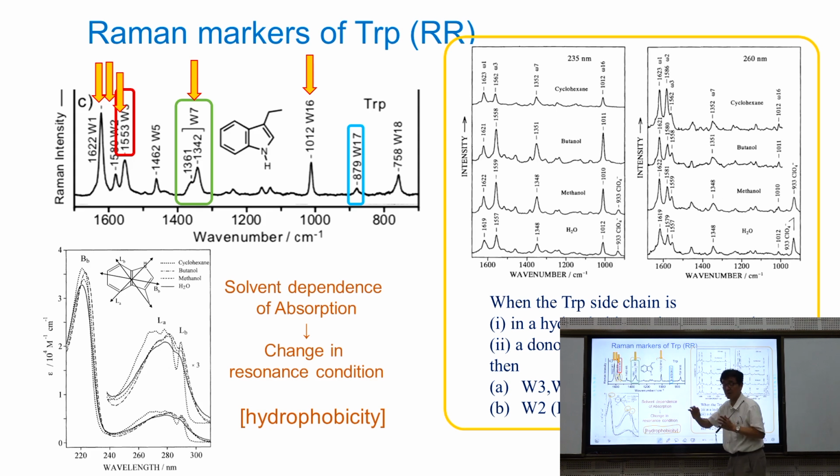Depending on the environment or difference in the solvent, absorption intensity changes. Then it results in a change in the resonance condition. Then the change in the resonance condition results in a change in the Raman scattering intensity. So the Raman intensity serves as a marker of the environment.